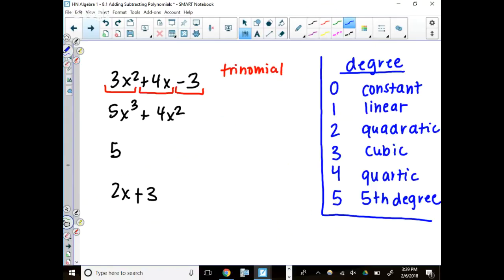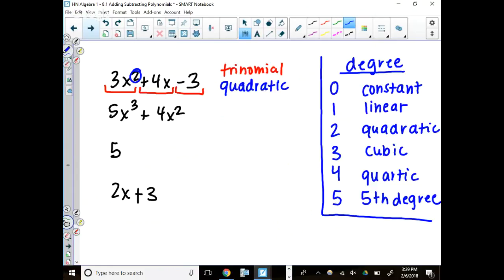Then the degree is the highest exponent on the variable, which is 2. I'm not sure what order Math Excel wants, I don't really mind the order, but it's also going to be a quadratic. So they might have you put quadratic trinomial or trinomial quadratic. I'm not quite sure.